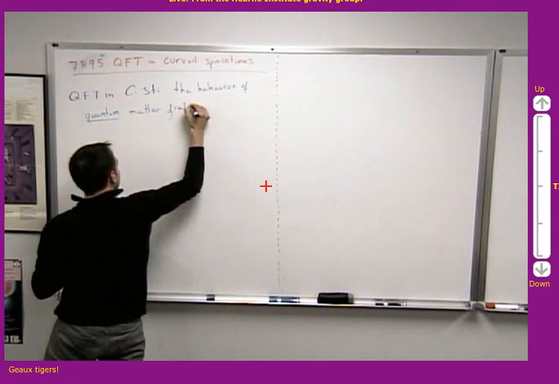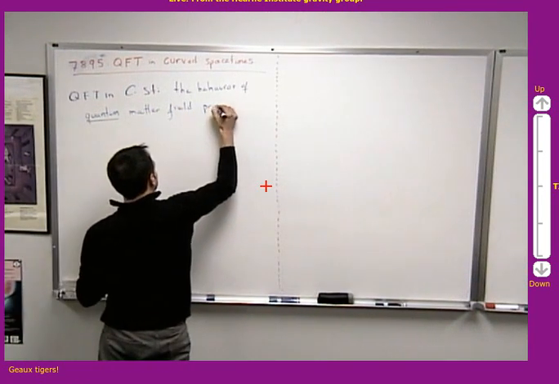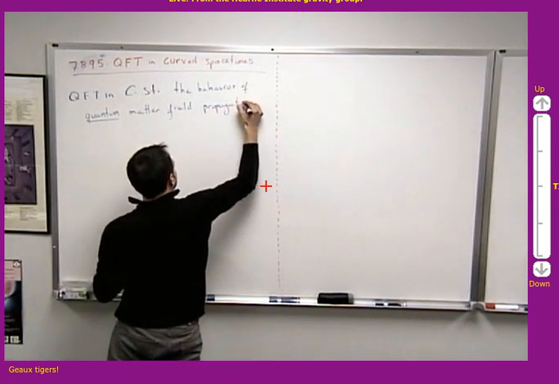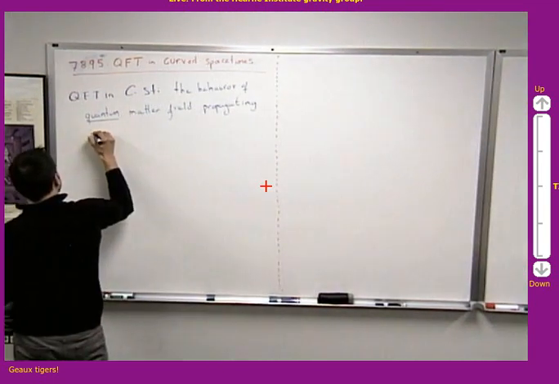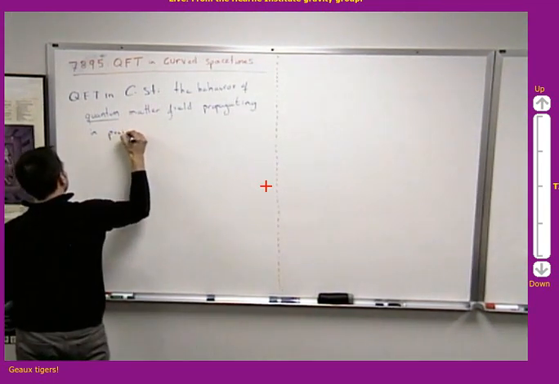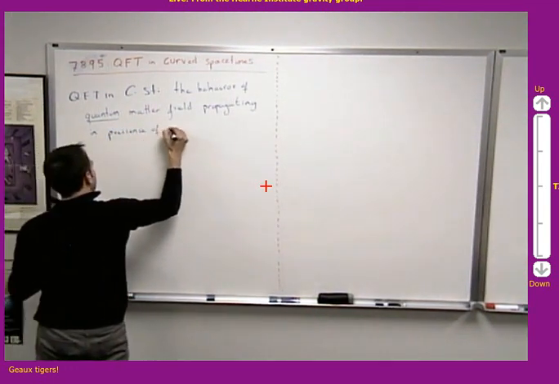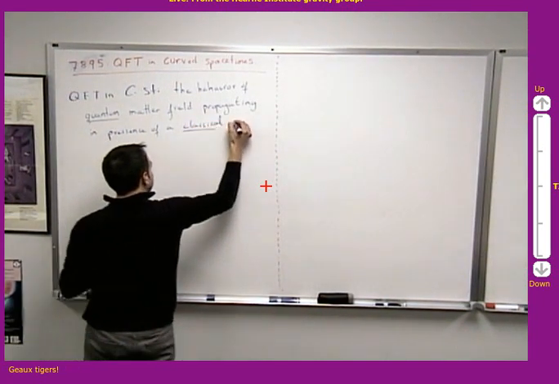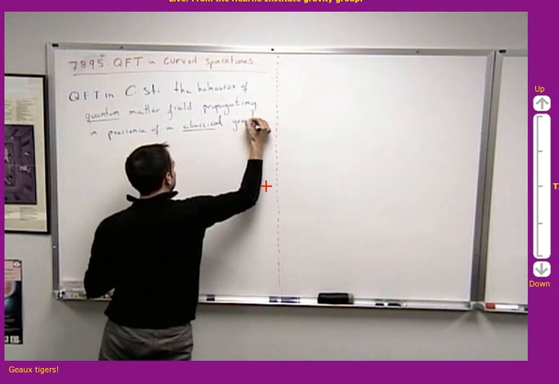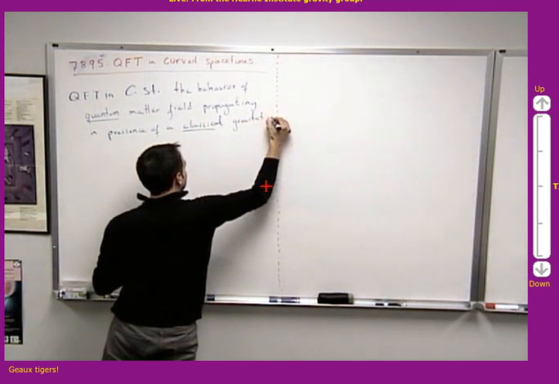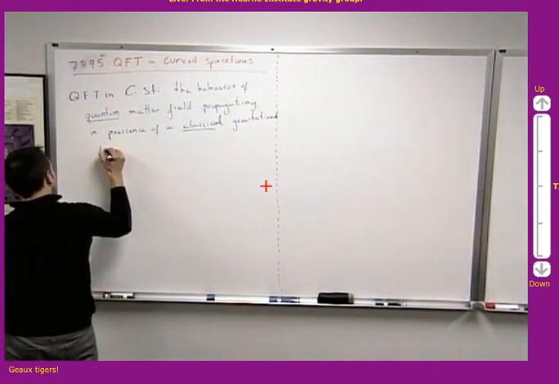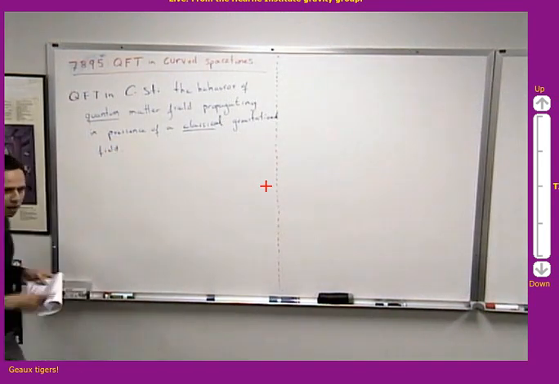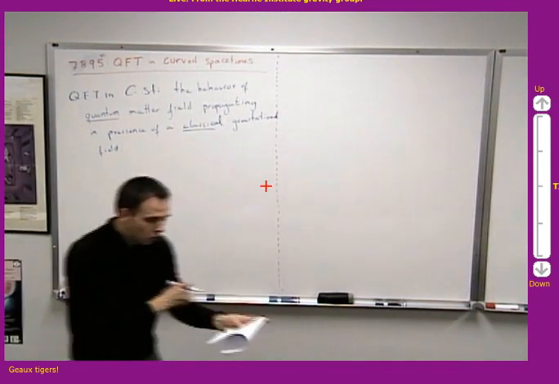So we have quantum field theory propagated in presence of a classical gravitational field. So again, ħ is only on the quantum part, not on the gravity part.